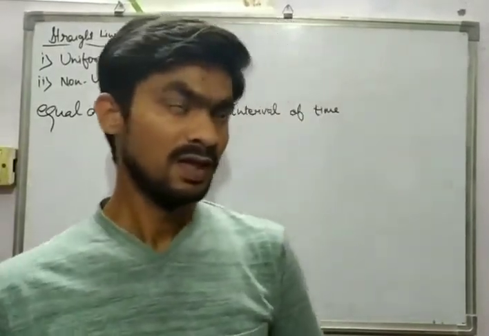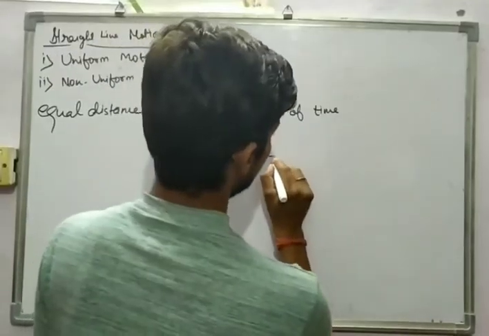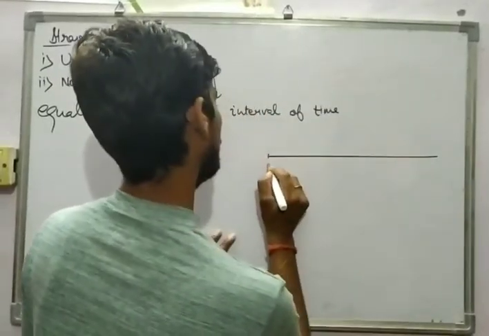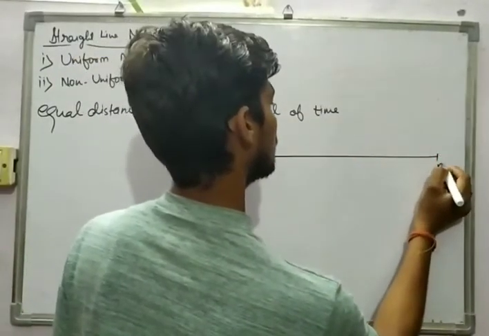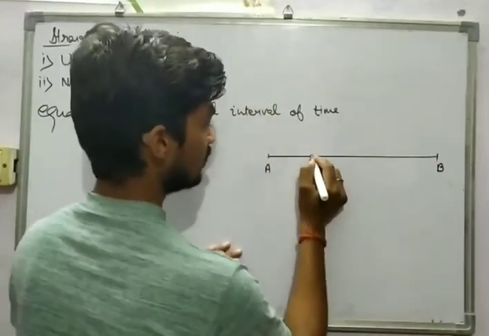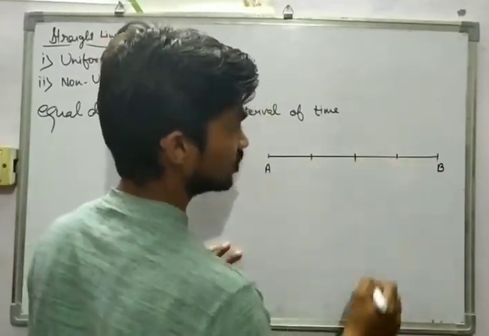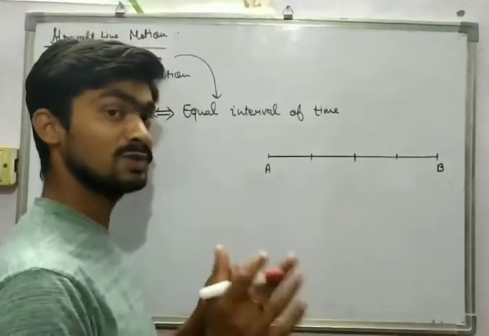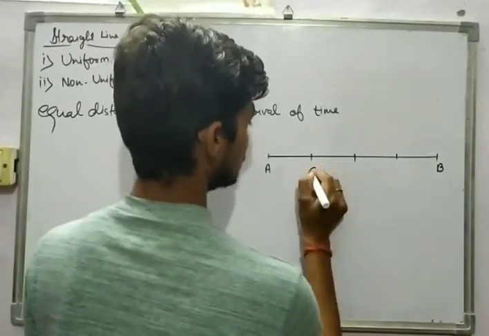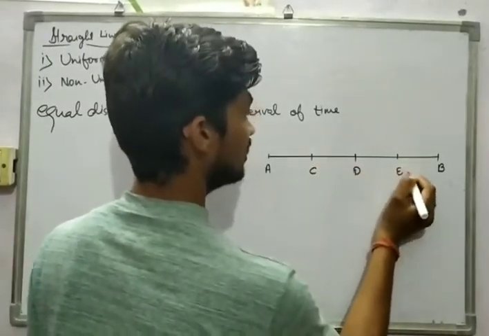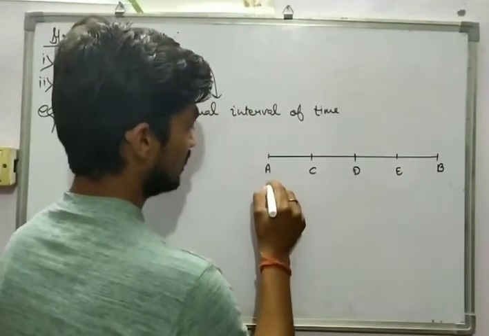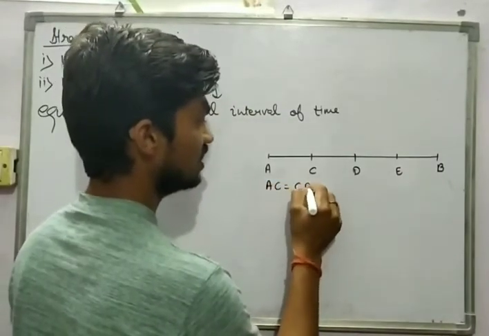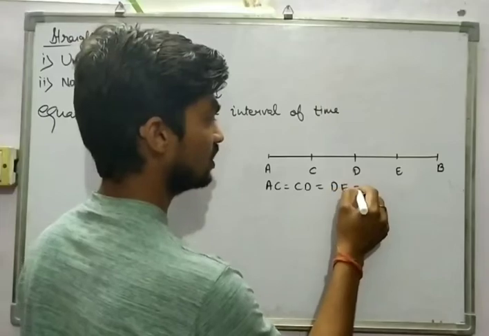For example, there are 2 points on a straight line, A and B. In between there are 3 points which are equidistant, C, D, E. Equidistant means all are at equal distances. Here AC is equal to CD, equal to DE, equal to EB.